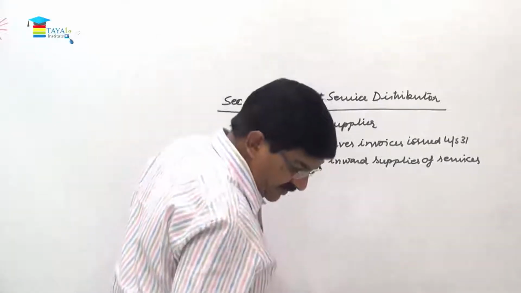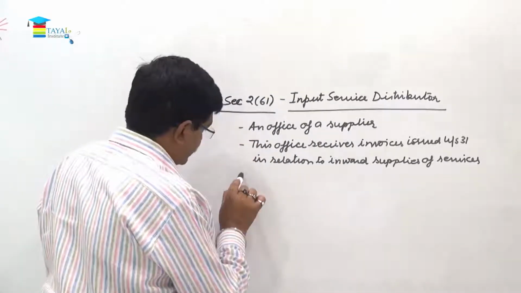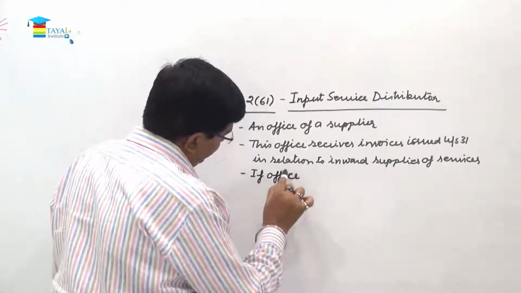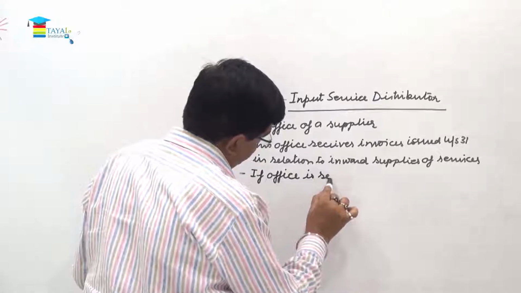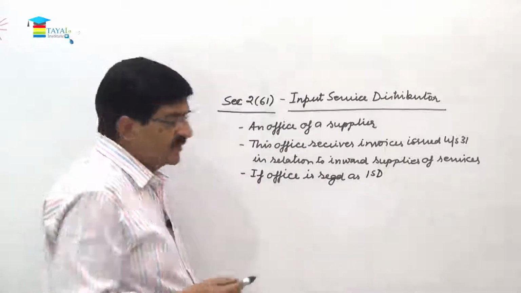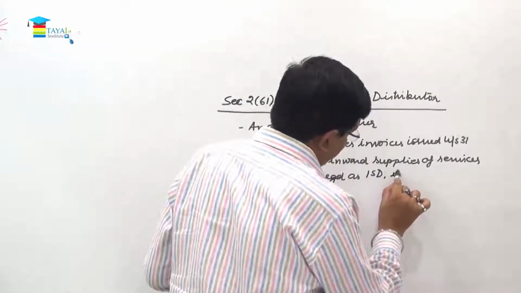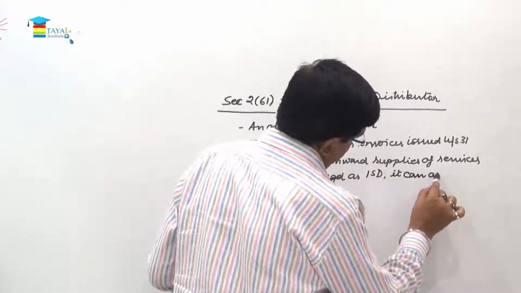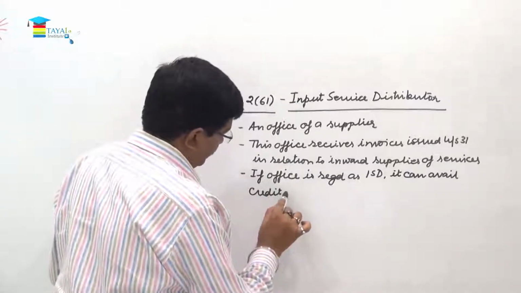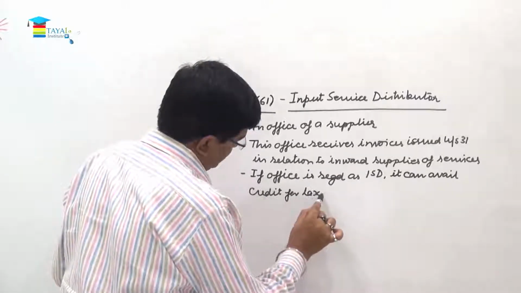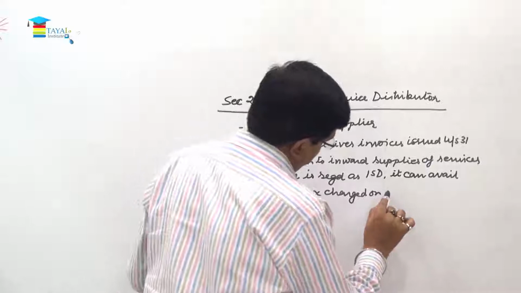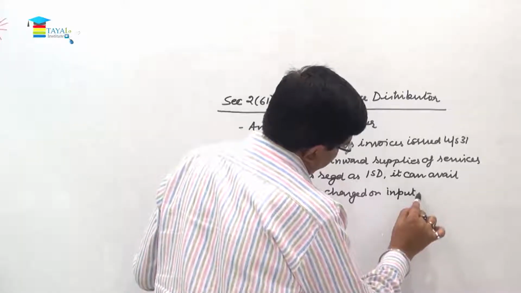So if the office is registered as input service distributor, it can avail credit for tax charged on input services.